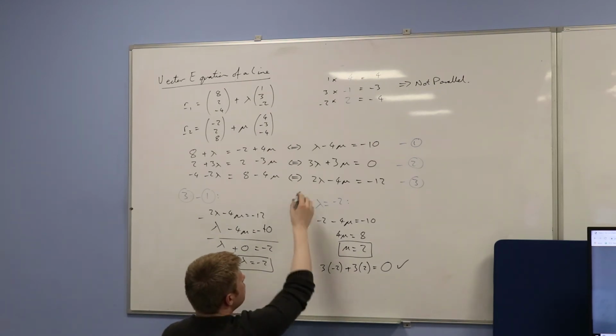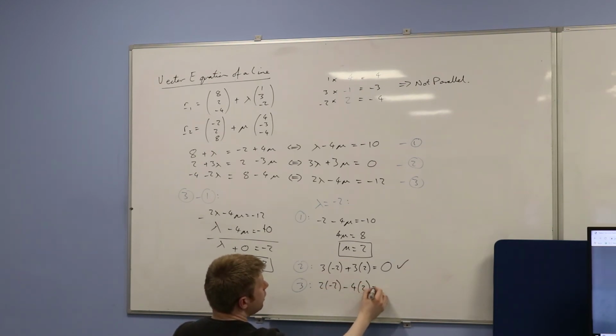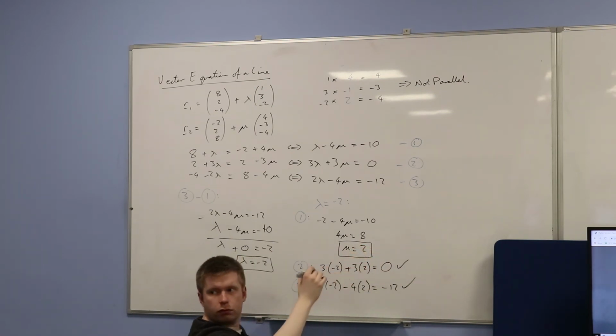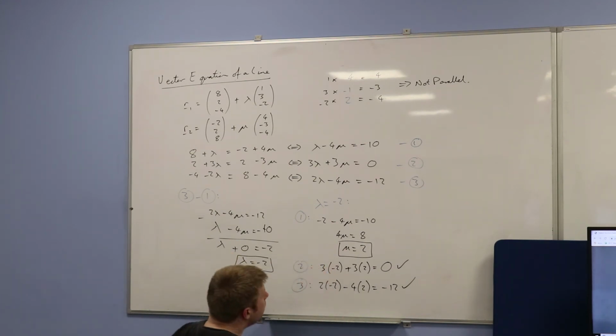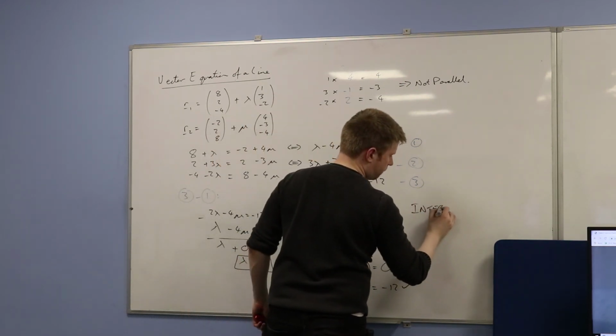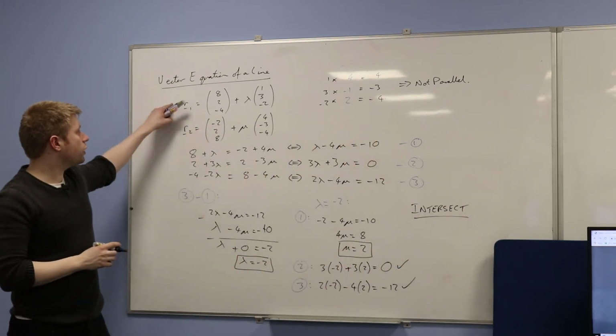So I get 2 lots of negative 2 minus 4 lots of 2. That should equal negative 12. Let's give it a go. Negative 4 minus 8 equals negative 12. So therefore, they must intersect. Okay, so these two lines must intersect.